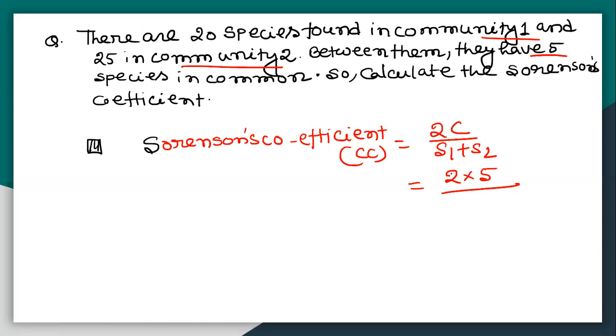S1 is the total number of species in community 1, which is 20, and S2 is the total in community 2, which is 25. So 10 by 45 comes to 0.22, right?